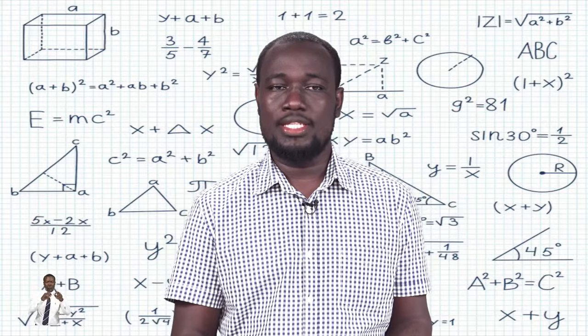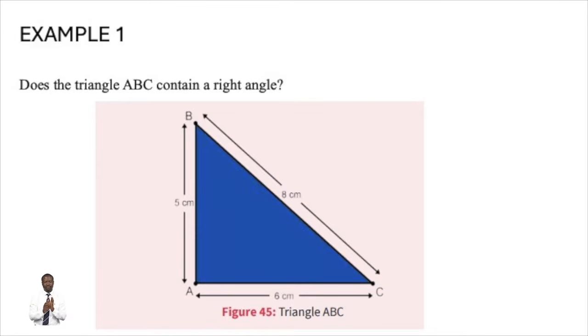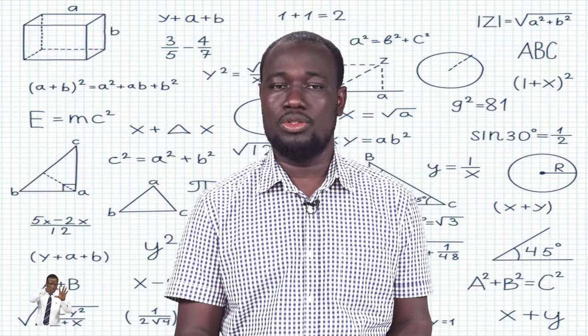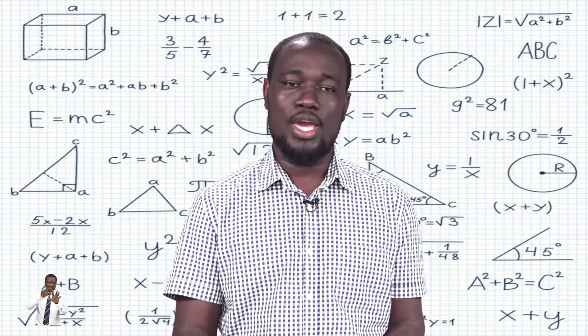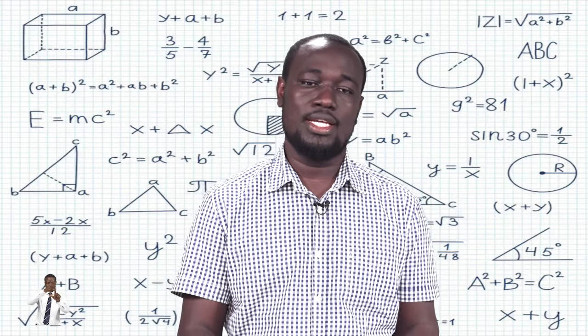Let's consider this example. Thus, the triangle ABC contains a right angle, as we read earlier. For the triangle to contain a right angle, the square of the longest side, which is the hypotenuse, should be equal to the sum of the squares of the other two sides.